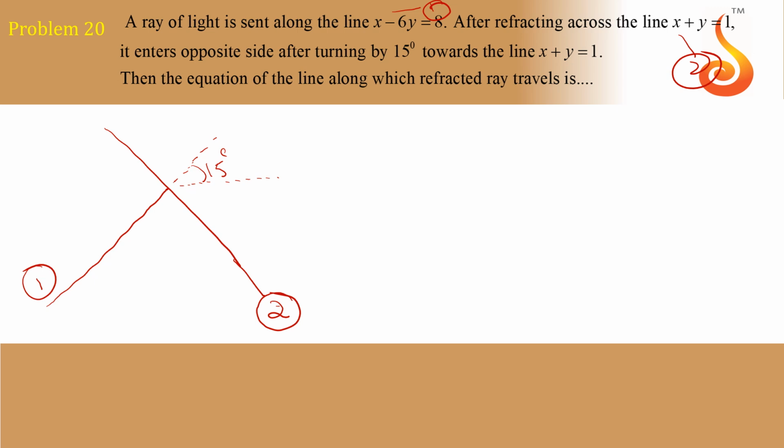So if you solve 1 and 2, you will get this point. So what is the point if you subtract them? 7y equal to minus 7, so y equals minus 1. Is it correct? So subtract, x gets cancelled, minus 7y equal to 7.